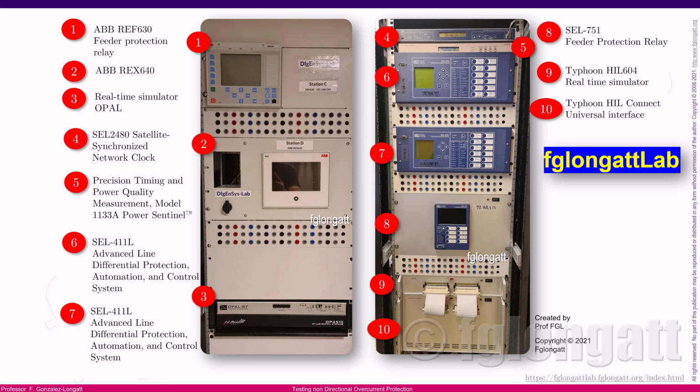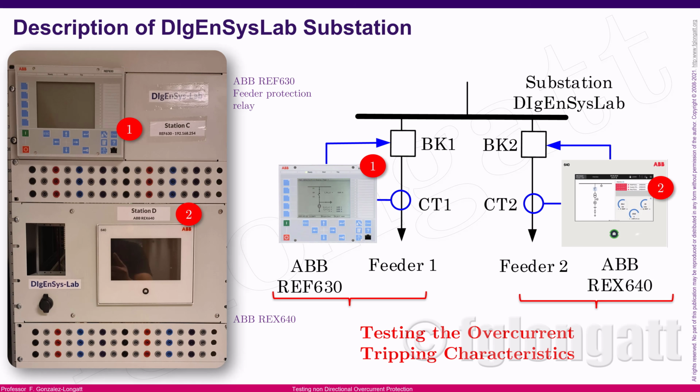I created this lab with a very specific intention: to be able to replicate real-life experience while being very flexible and capable of developing different scenarios. In this video, we are talking about the DGenSys lab substation. On the right-hand side, we have the single line diagram.